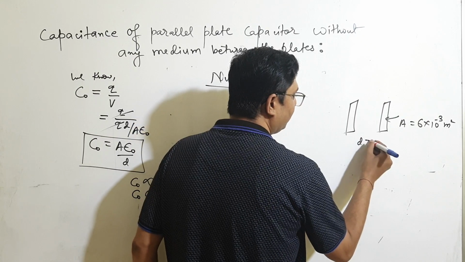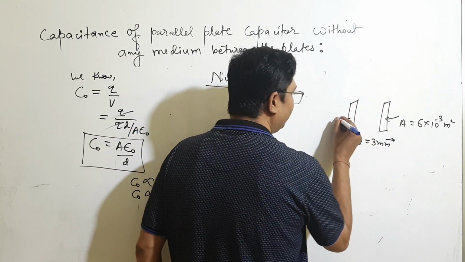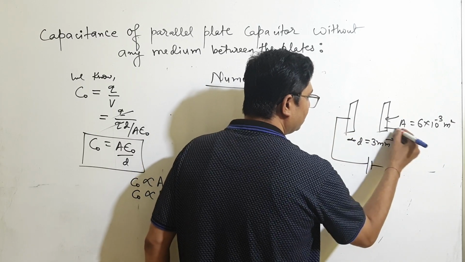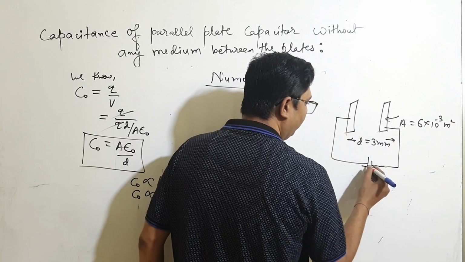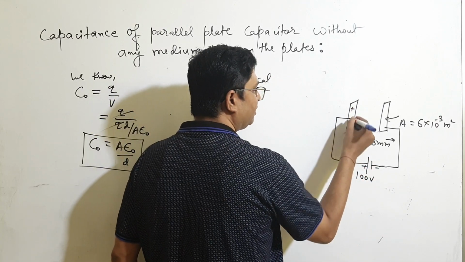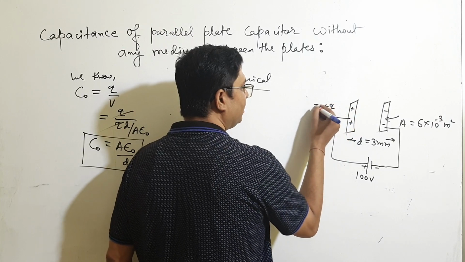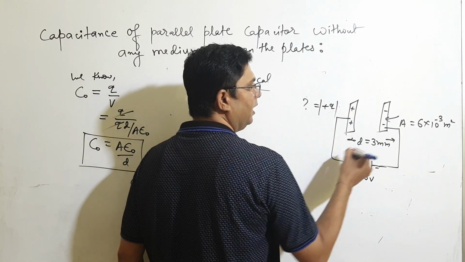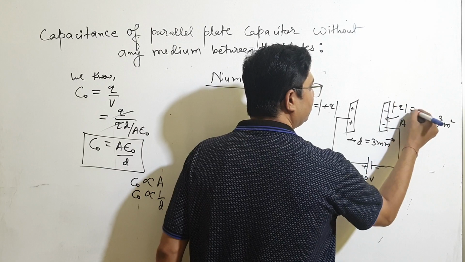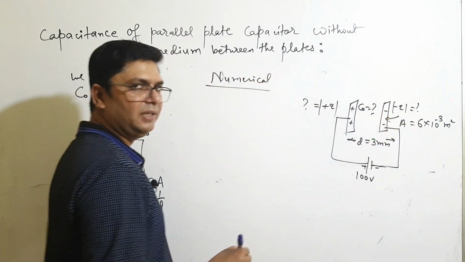Let the distance d of the plates be 3 millimeter. Now this plate is connected to a battery source of 100 volt. Then here plus charge will be accumulated, and here minus charge will be accumulated. What is the magnitude of the plus charge? What is the magnitude of the minus charge? And what will be the C naught value? You have to find this.